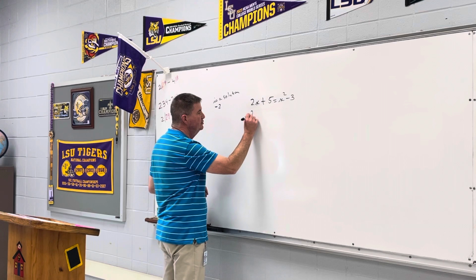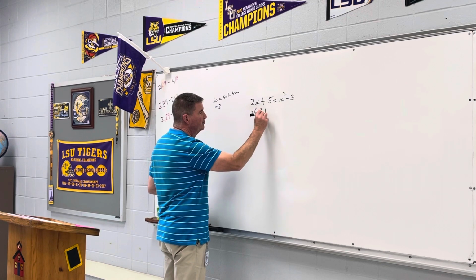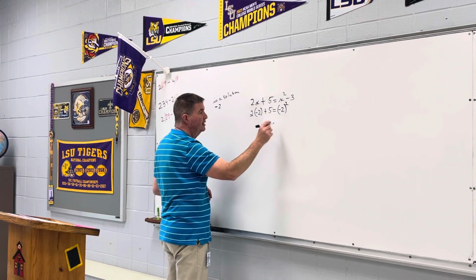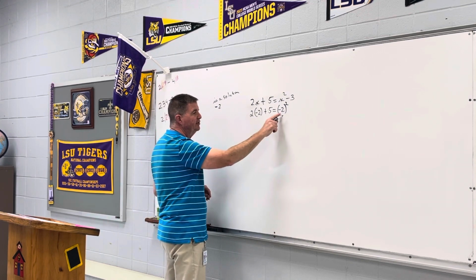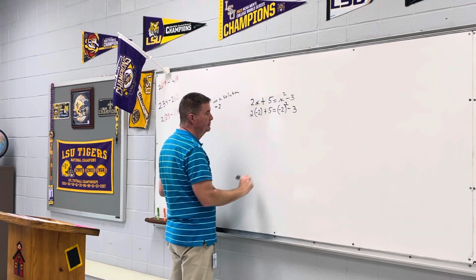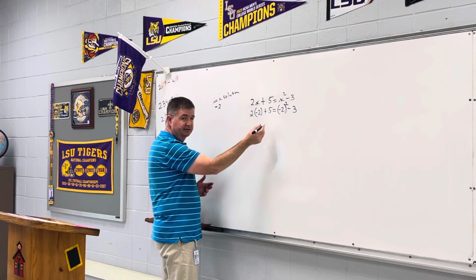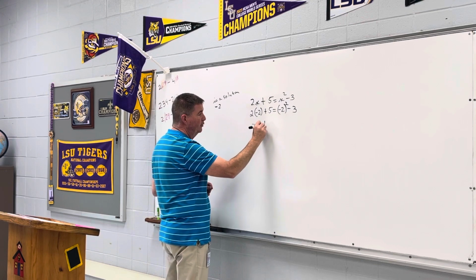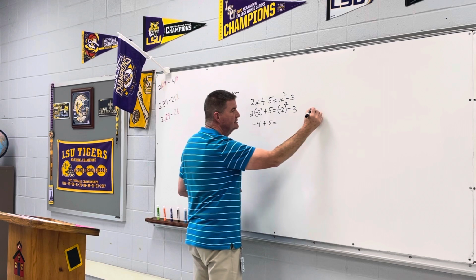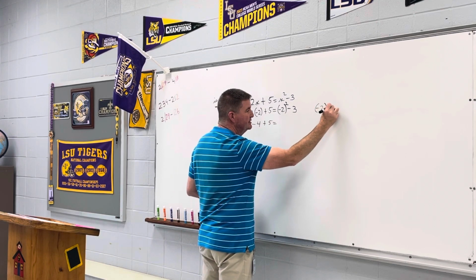So I'll have 2 times negative 2 plus 5 equals negative 2 squared. Notice it's negative 2, so we put negative 2 in parentheses because that is what's squared, minus 3. If I go to the next step, I have negative 4 plus 5 equals negative 2 squared, which means negative 2 times negative 2.